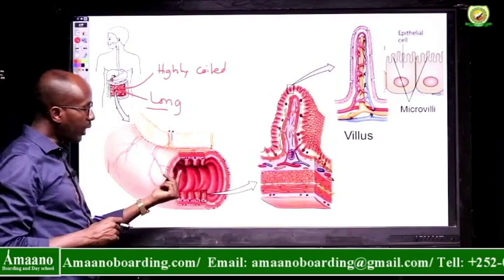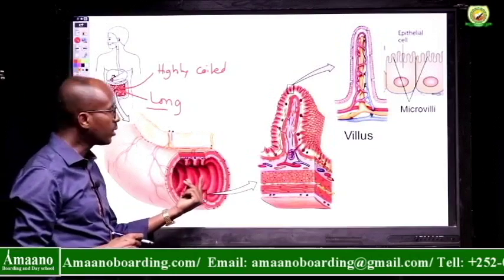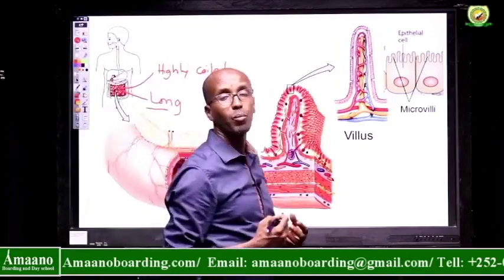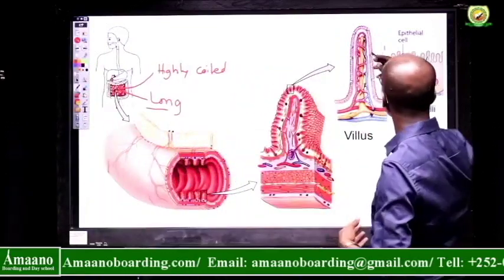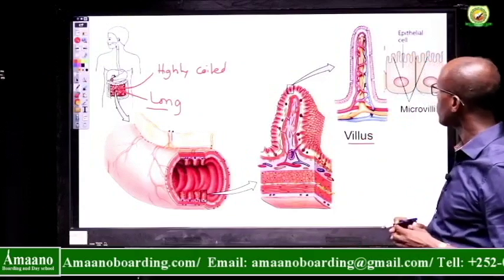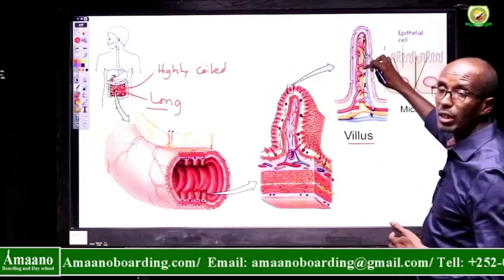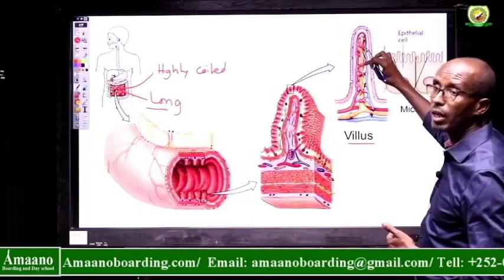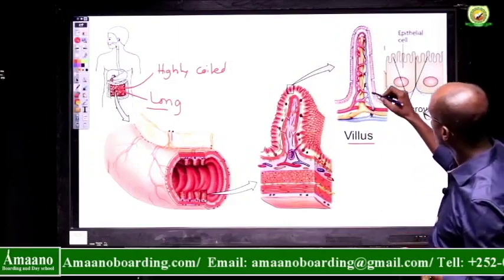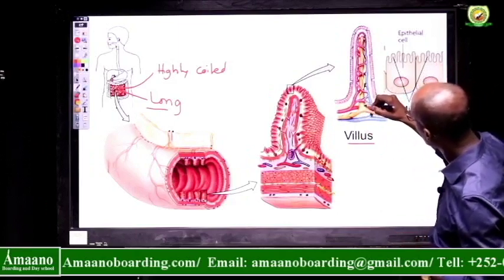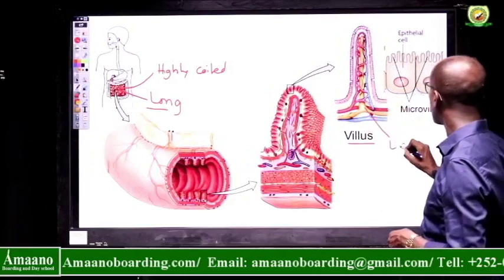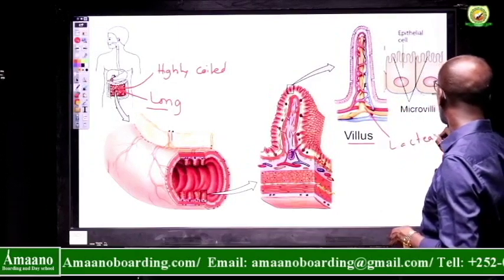Again, in the lining of the small intestine, there are finger-like projections called villi. The singular is called villus. This structure increases the surface area still further. It contains what's called a lacteal inside the villi, and around the lacteal there are blood capillaries.